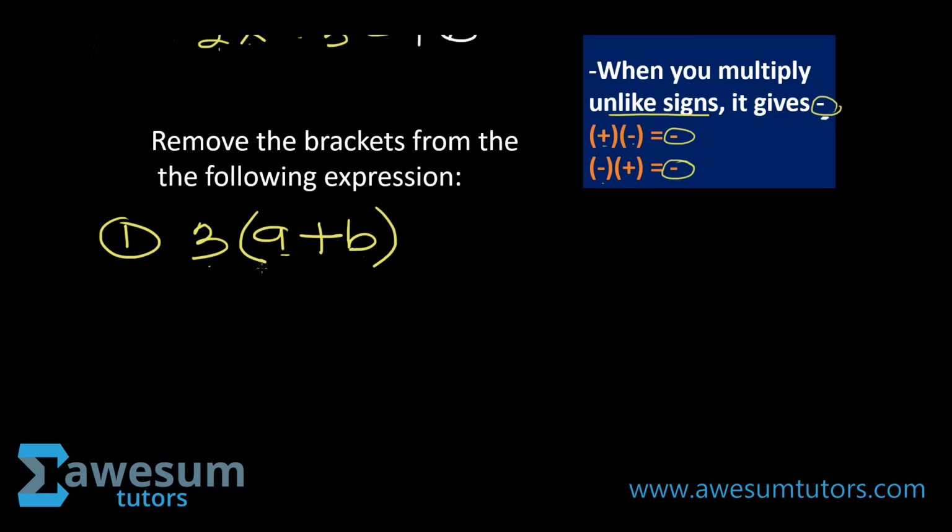It means you are going to multiply. But because A and B are in the bracket, both A and B are going to multiply 3. So I will use a distributive property, in which case 3 is going to multiply A, okay?